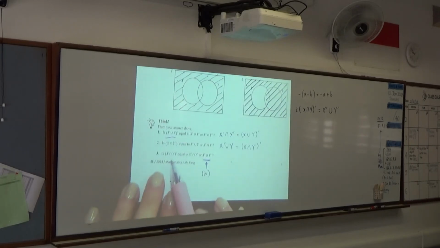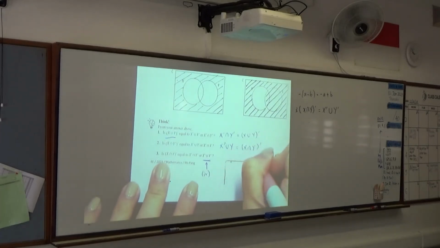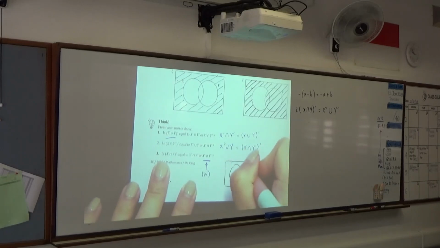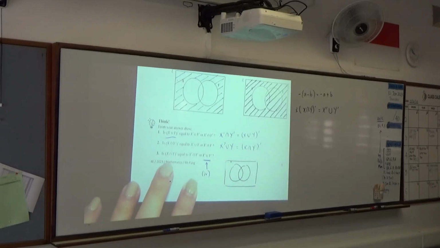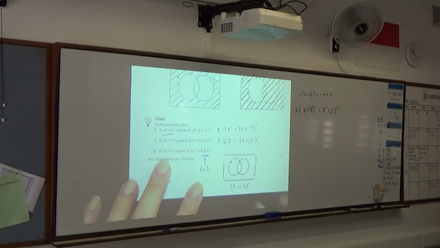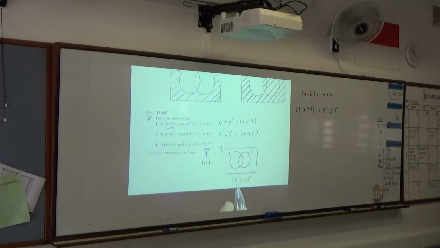So this one over here is already this one. What if I want to shade something like that? Let's draw a similar Venn diagram. We should be expecting to get the same shading. So this is X, this is Y, this is your universal set. So X intersect Y refers to the center over here.